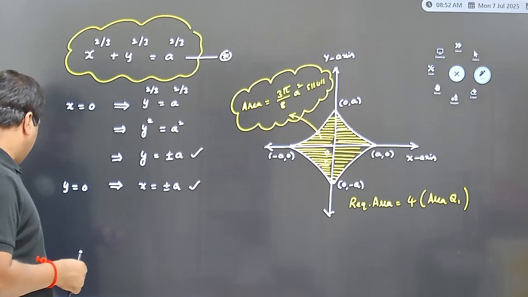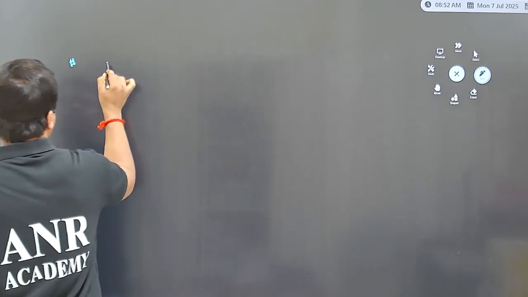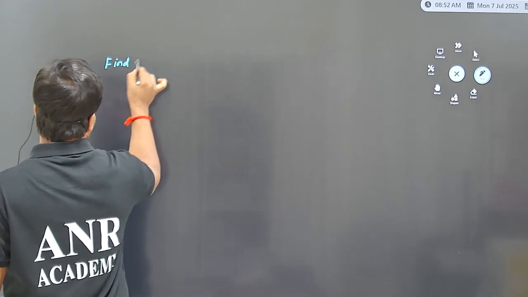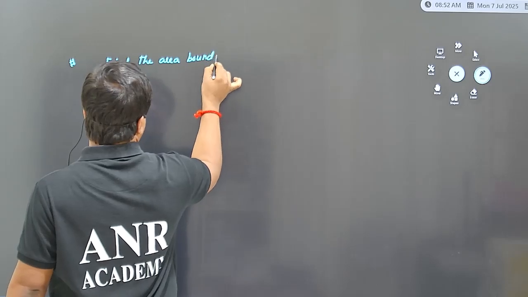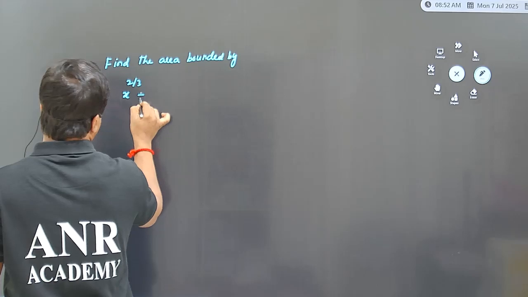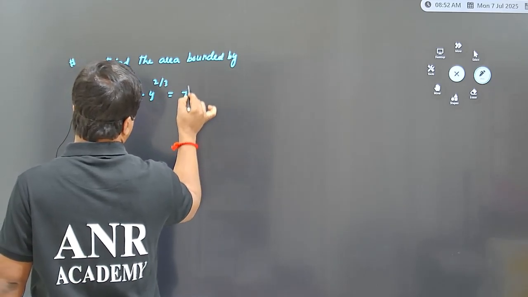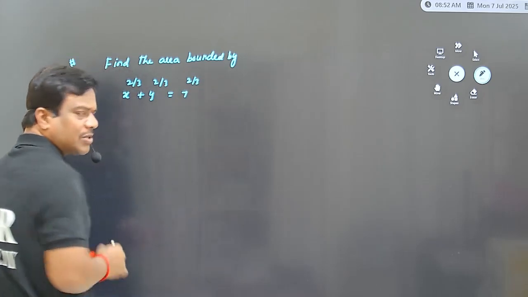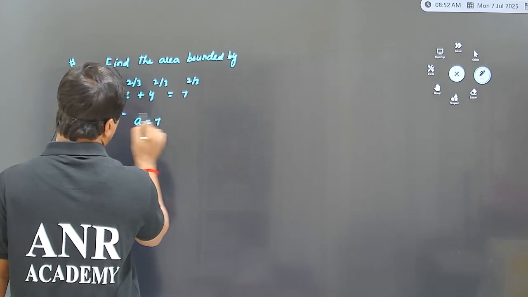Suppose the question is given in the examination like this: find the area bounded by x power 2 by 3 plus y power 2 by 3 equal to, suppose, 7 power 2 by 3. This is the question. Then here the value of a is 7.